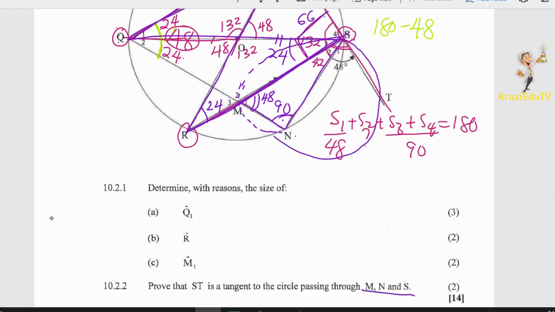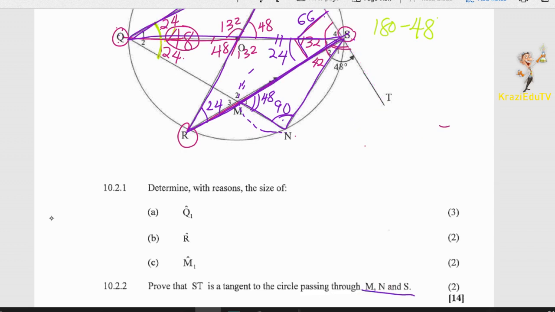Let me do something first. Let's give a few things. Alright, M and S. Prove that what? ST. Where is ST? So basically, I've got this.